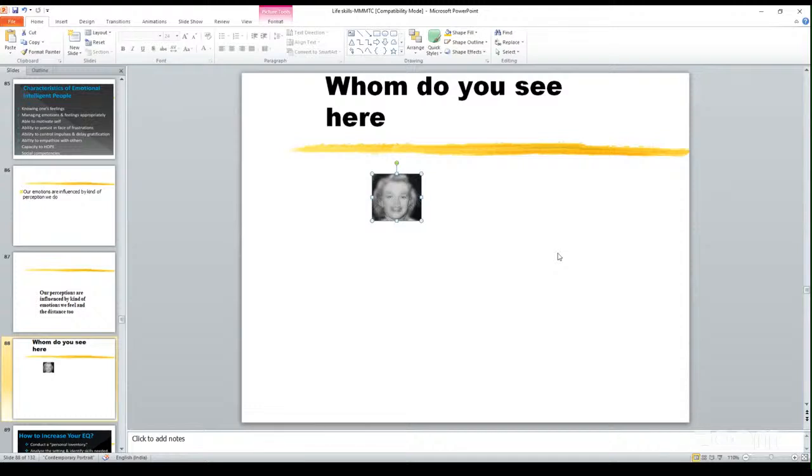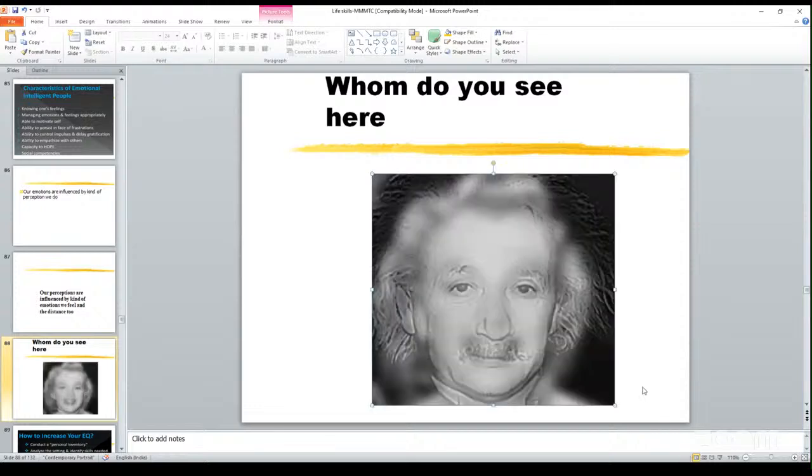Marilyn Monroe. See, if you see from a distance, the picture looks like Marilyn Monroe. And if you see from a distance, or if the picture is bigger, don't you think our emotions are influenced by what we see? So that's what I'm saying. Our perception is influenced as we feel the distance too.